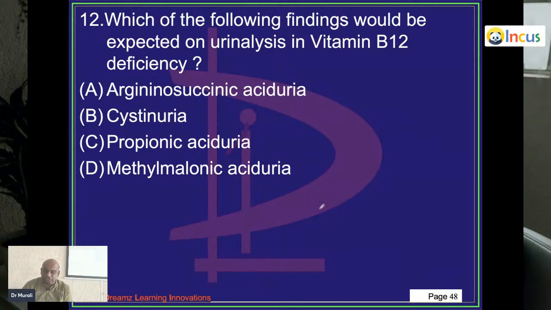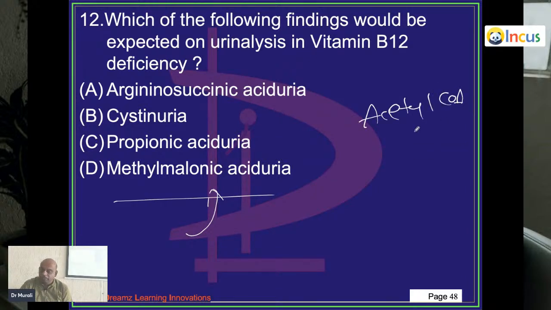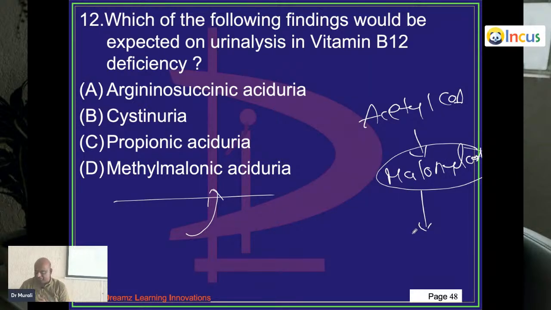Vitamin B12 deficiency leads to methylmalonic aciduria. See, basically acetyl-CoA becomes malonyl-CoA. So this malonyl-CoA, for it to further get metabolized during the beta oxidation, see, typically there are two types of fatty acids.